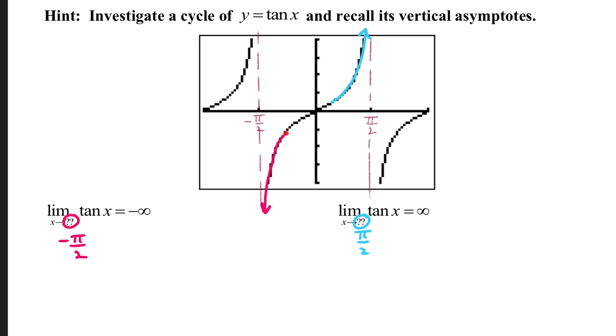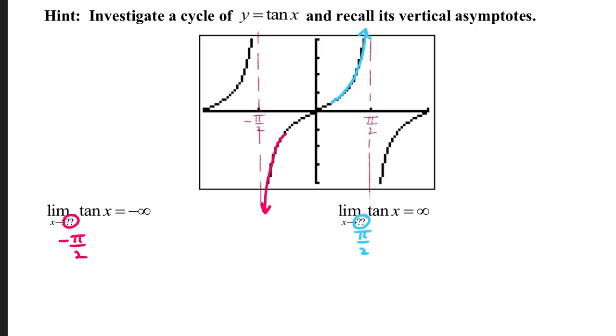Well, let's follow our graph. If we want the y values to get more and more negative, we've got to get closer and closer to that vertical asymptote, negative pi over 2. If we want our tangent values to get infinitely large, then we need to follow it along and approach pi over 2.